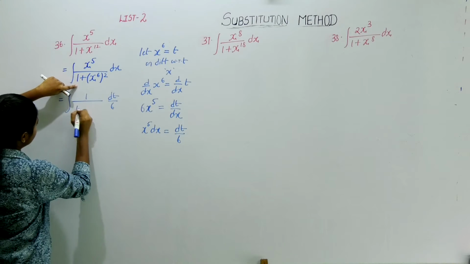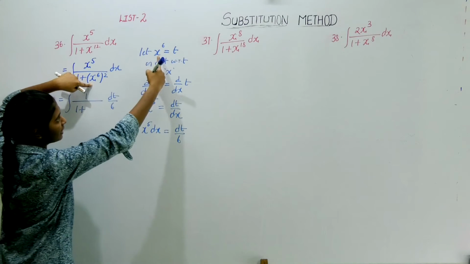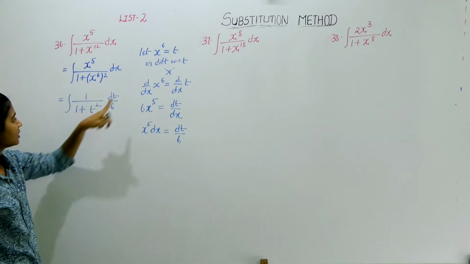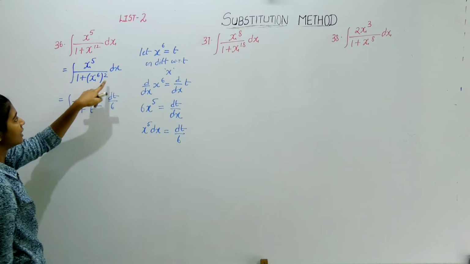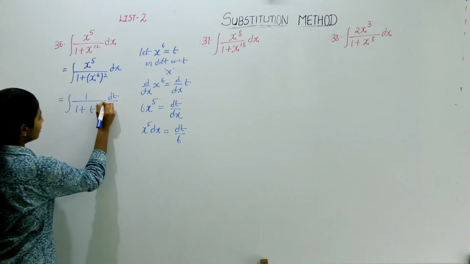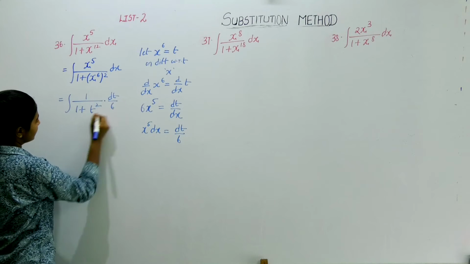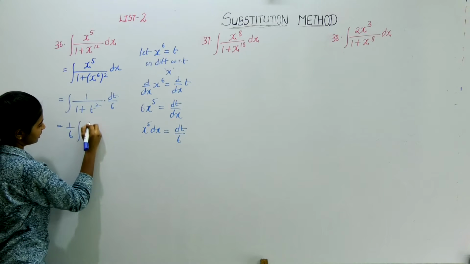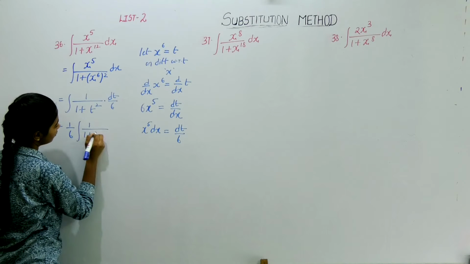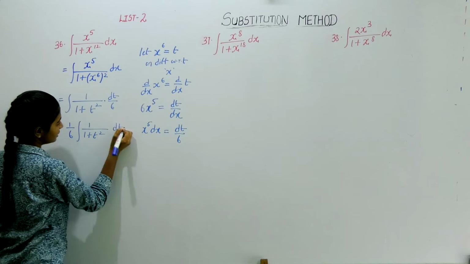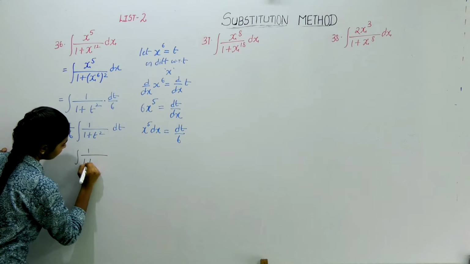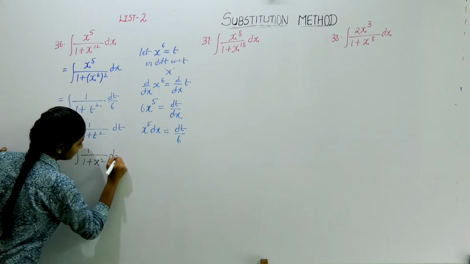And in the denominator, 1 plus, in place of x power 6, we substitute t. As per the assumption, x power 6 value is t, and t square. Now, here 1 by 6 is a constant. Take it out of the integration. We have integral 1 by 1 plus t square dt. Now, this is in the form of integral 1 by 1 plus x square dx.